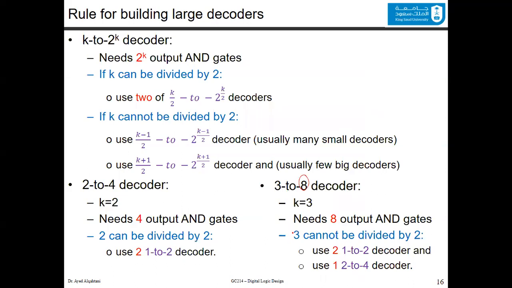And since 3 is an odd number, you will have different decoders like this. You will have 2 versions of 1 to 2 decoder and 1 of 2 to 4 decoder.